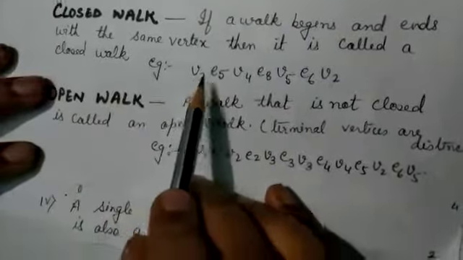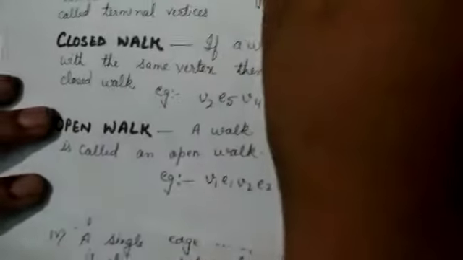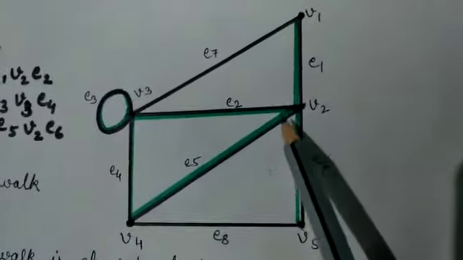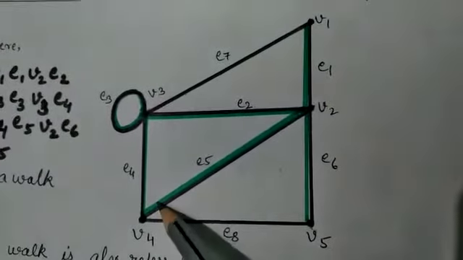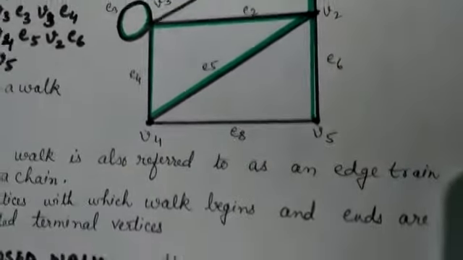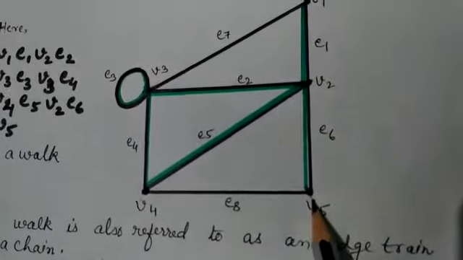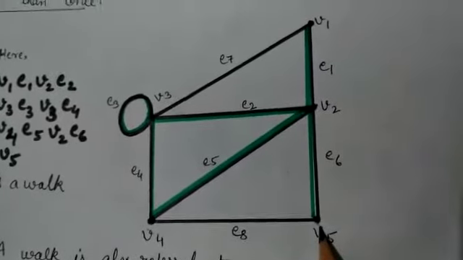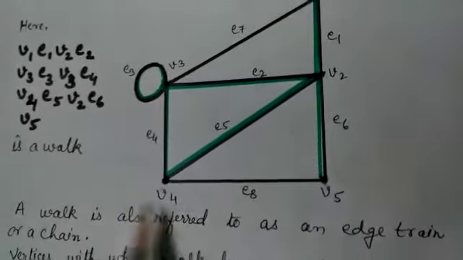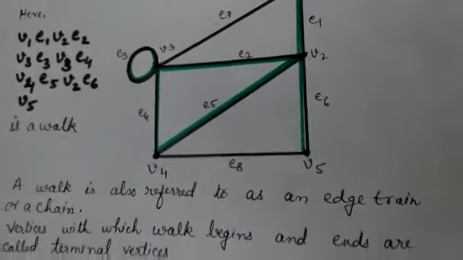For example, V2, E5, V4, E8, V5, E6, V2. So this is a closed walk.